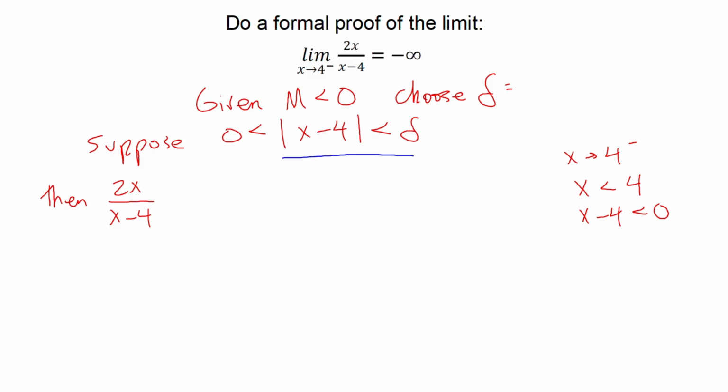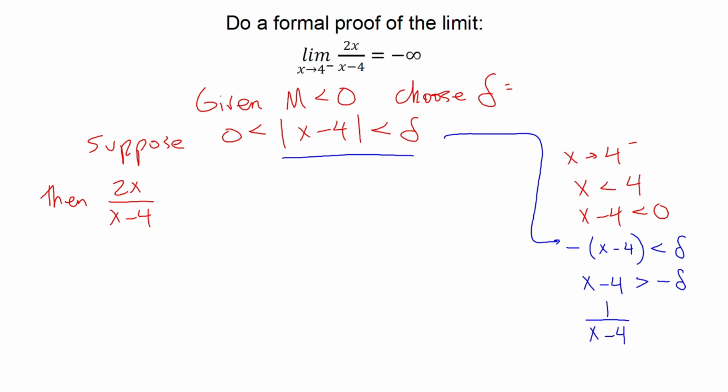So if x minus 4 is less than 0, then the absolute value of x minus 4 is the opposite of x minus 4. So the opposite of x minus 4 should be less than delta, right? From this statement right here. Well, if that's true, then x minus 4 is greater than negative delta, and 1 over x minus 4, which is pretty much what I have over there, should be less than negative 1 over delta.